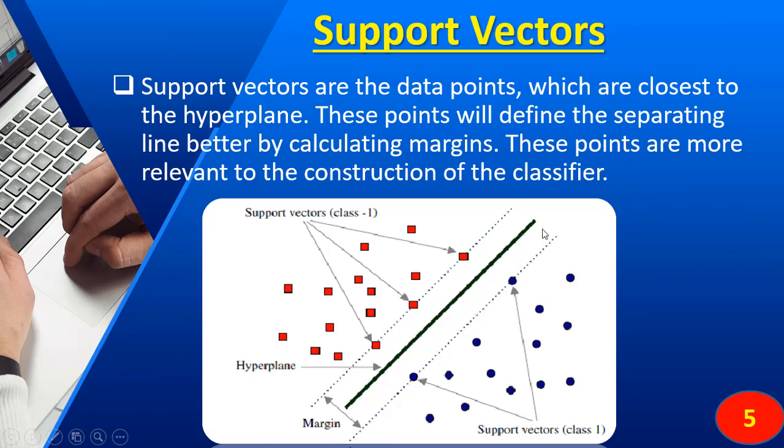If we consider this is a hyperplane, this data point is nearest to the hyperplane, so we can say this is a positive support vector, and this data point is nearest to the hyperplane, so we can say this is a negative support vector.